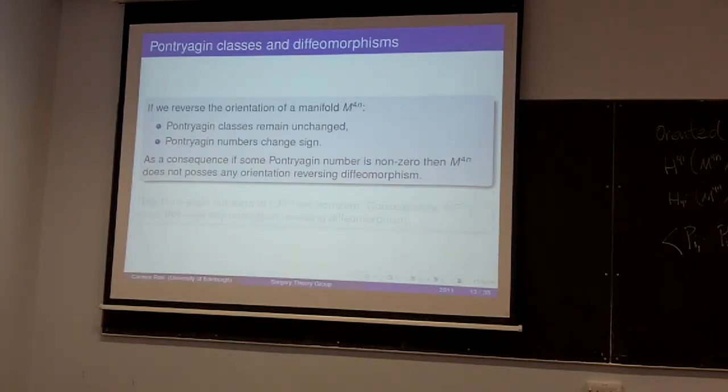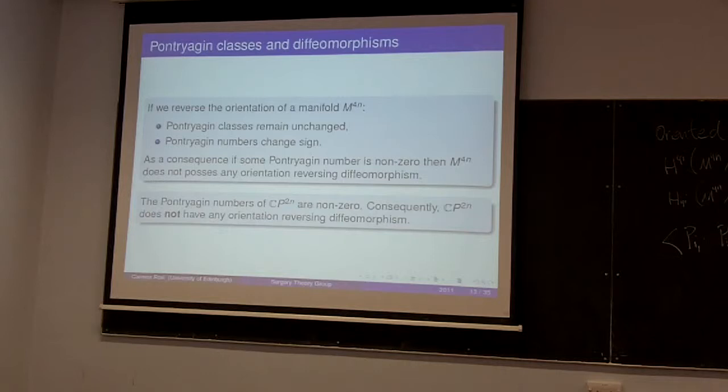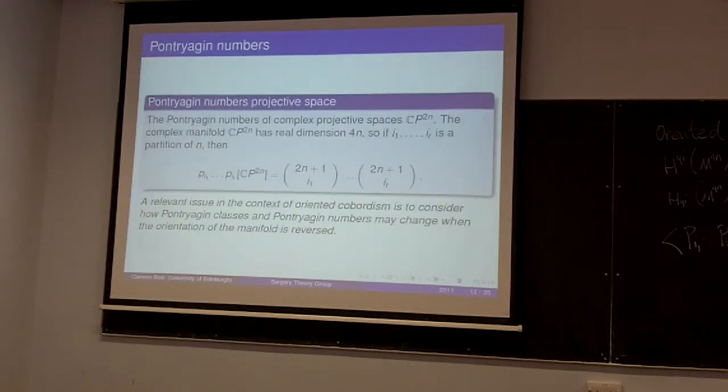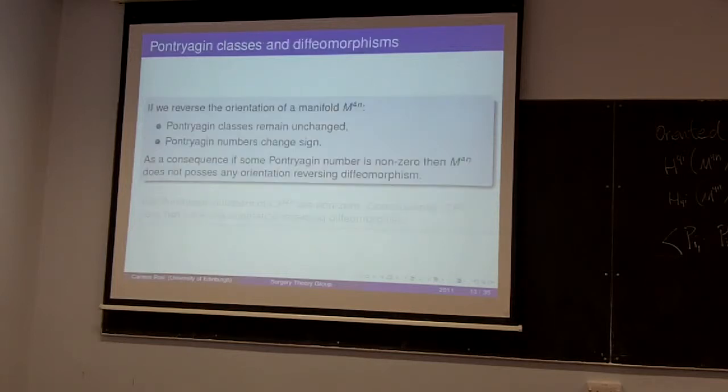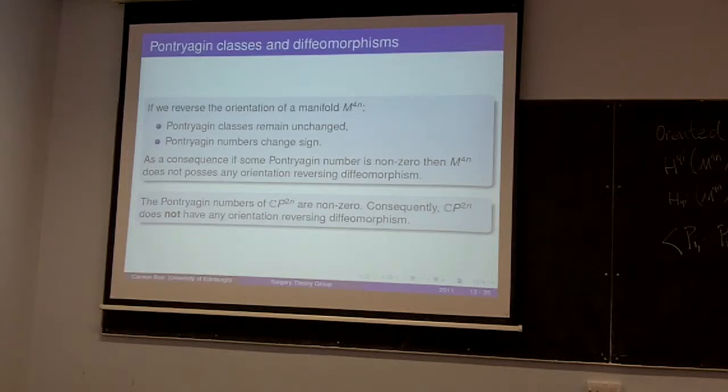And very interestingly, the Pontryagin numbers of the complex projective space, the even dimensional one, are non-zero. We saw that they are non-zero because we have a little formula for computing them. So if we compute it, they are non-zero. And because of all this, even dimensional complex projective spaces do not have any orientation reversing diffeomorphism.